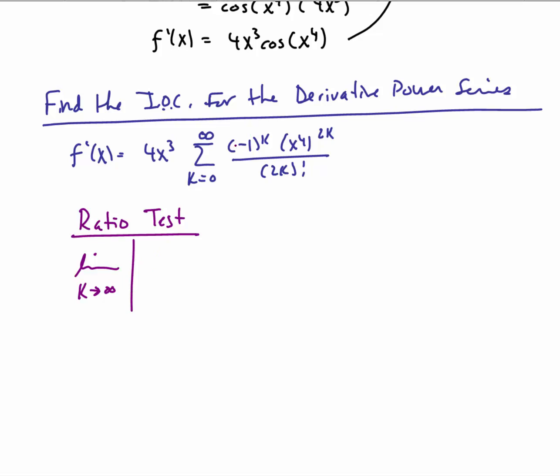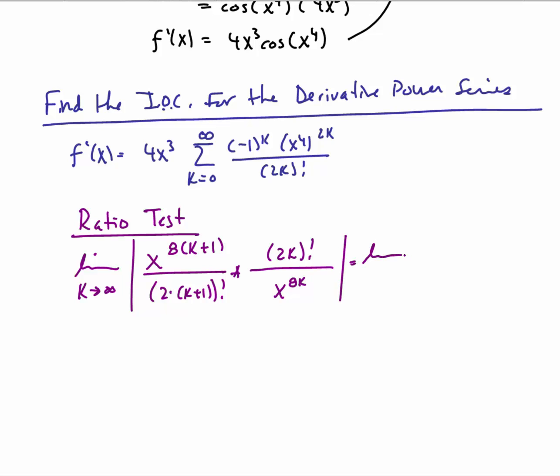Now I don't have to worry about this negative 1 because I'm taking the absolute value. So this would be x to the 4 times 2 is 8k, and so in place of that k I'd put a k plus 1, all over 2 times k plus 1 quantity factorial, that's my next term, divided by my current term. When you divide by a fraction you multiply by the reciprocal, and this is what I want to simplify.